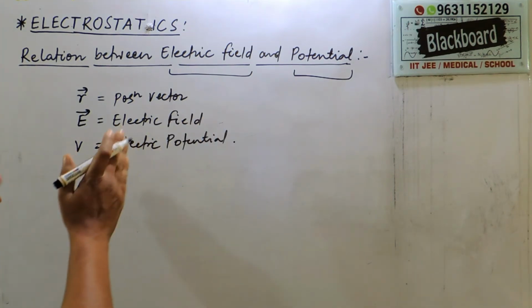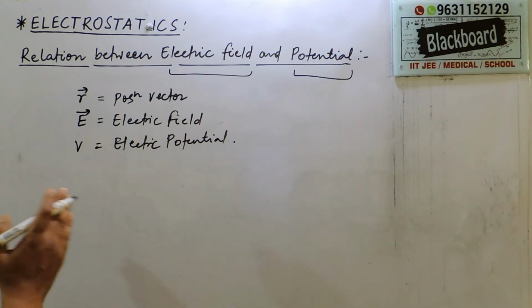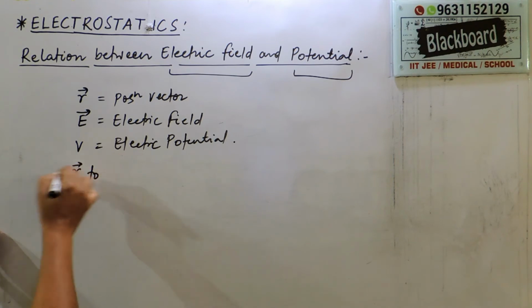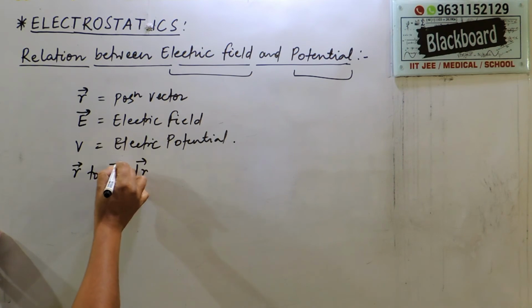Now suppose a point charge Q is displaced slightly from R to R plus dr, where dr is a small distance.